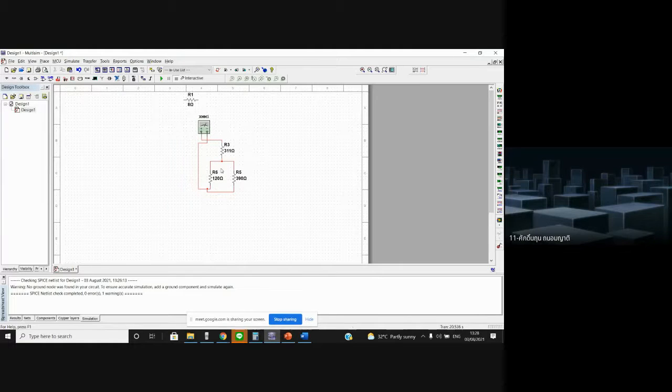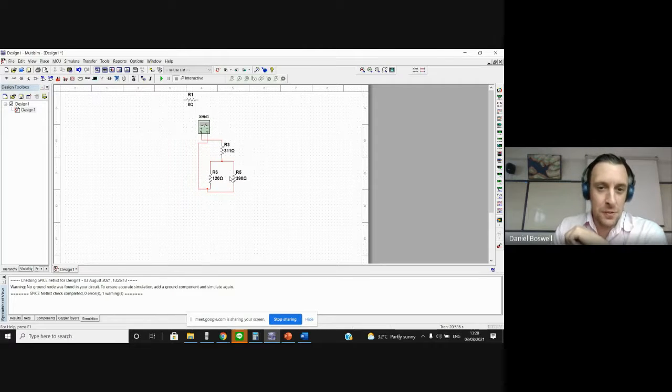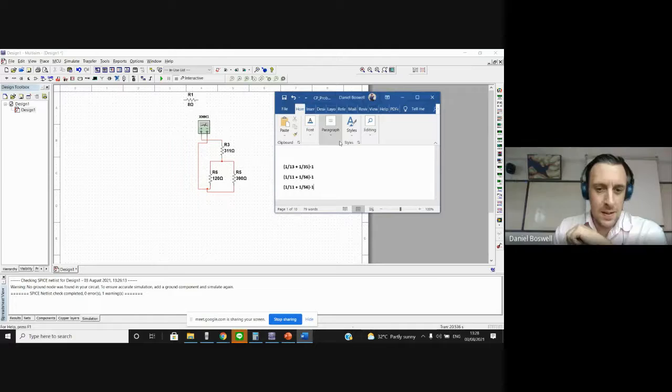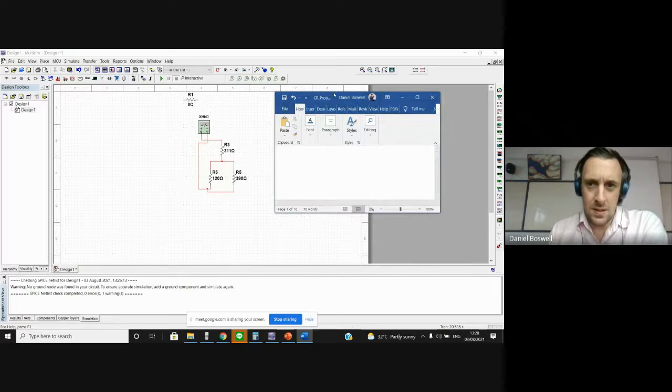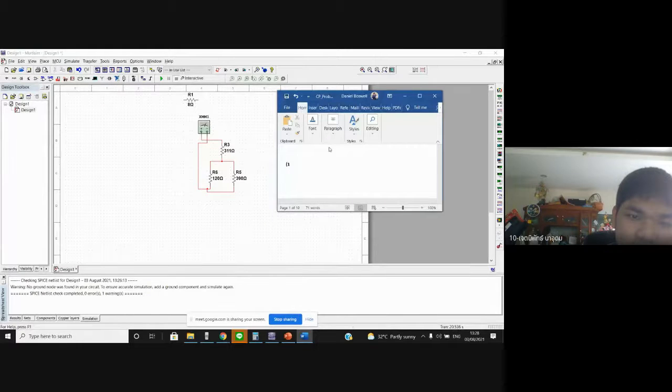We find out the total of the parallels first. So what's our equation? We'd go open bracket, 1 divided by 120, plus 1 divided by 390, close bracket, and then to the power of minus 1.